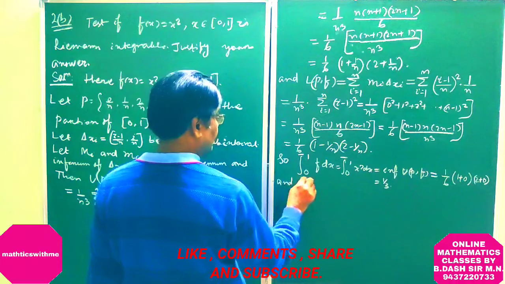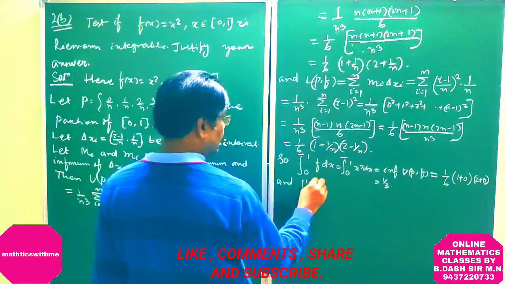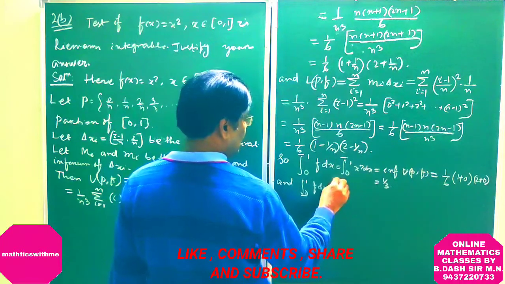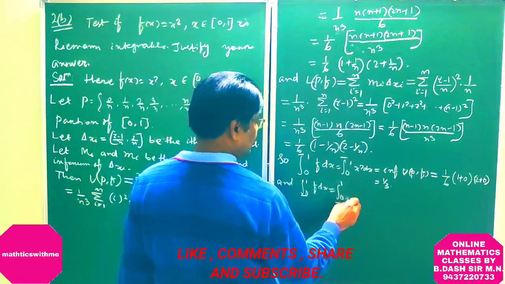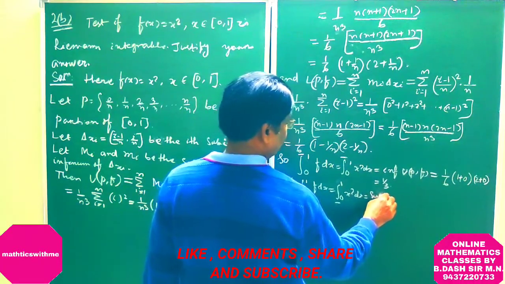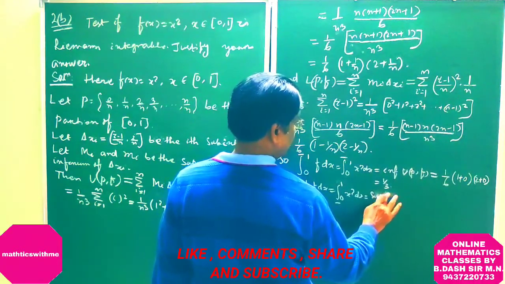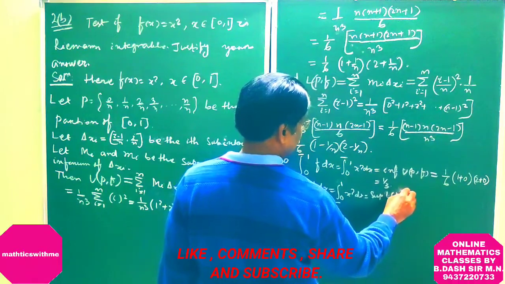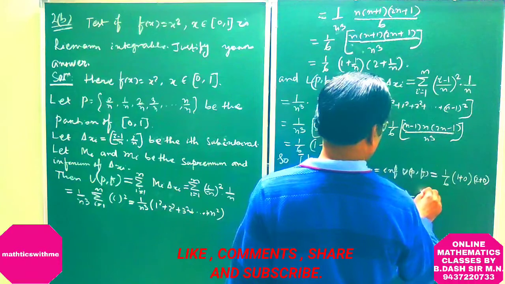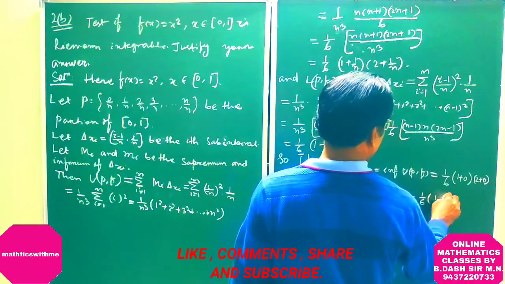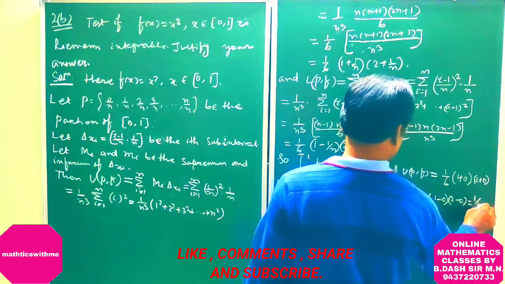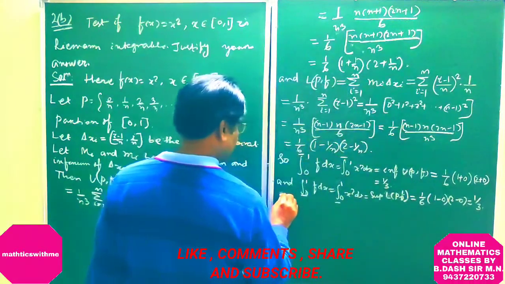And the lower integral of f dx from 0 to 1, the lower integral of x square dx, is the supremum of LPF. This is equal to 1 by 6 (1 minus 0)(2 minus 0), which is equal to 1 by 3.